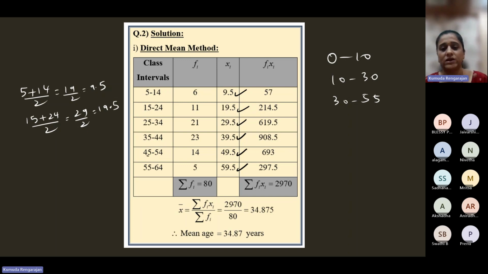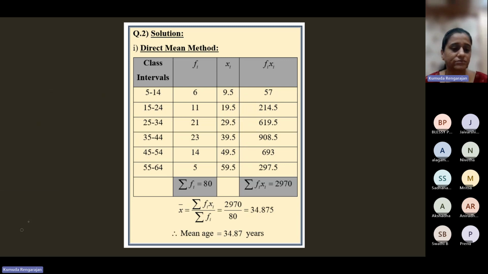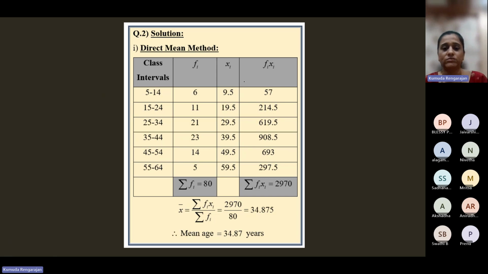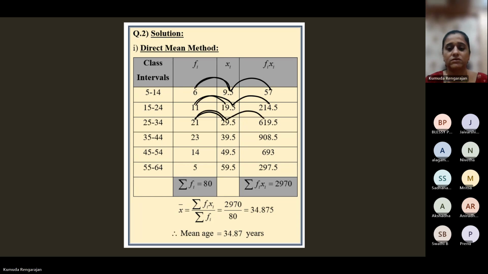So get all the xi values, then find the fi xi column. You'll have to multiply this into this, this into this, this into this, and write the answer here. Multiply these two, write the answer here. Multiply these two, write the answer here. So like that.